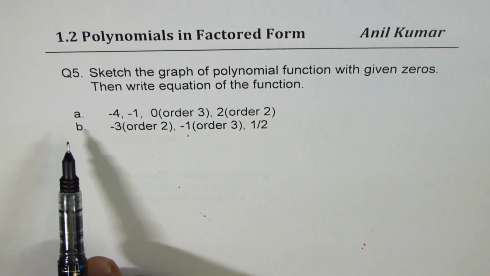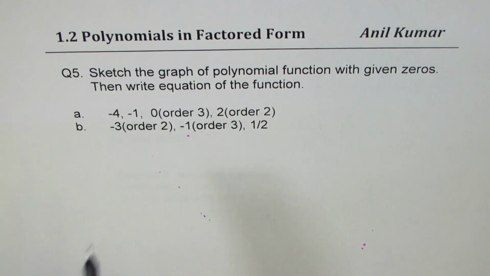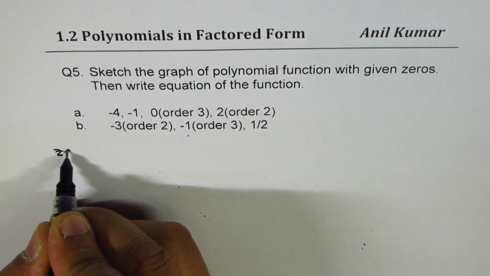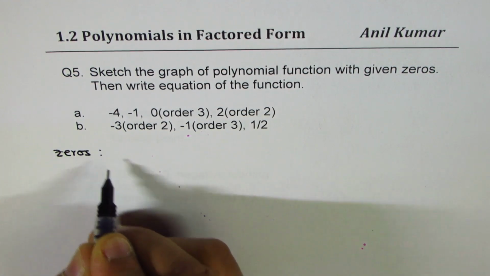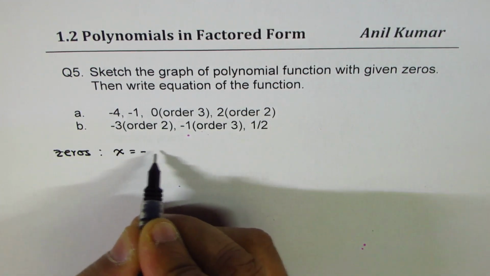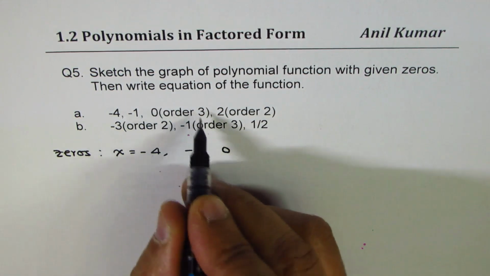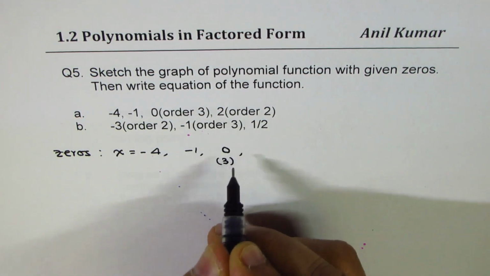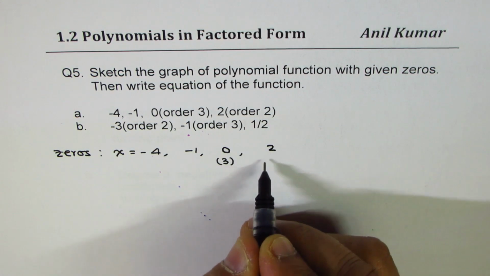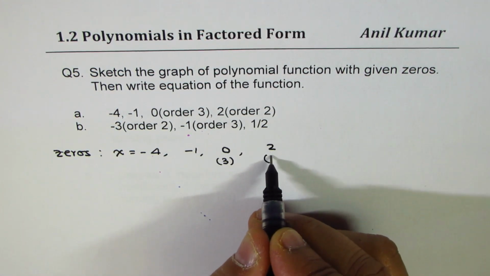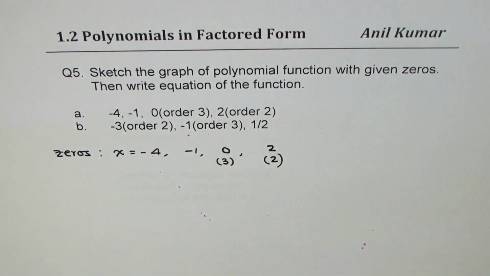A. So there are two parts to it, right? A, we are given the zeros. Let's write down. We are given the zeros at x equals -4, -1, 0. Now this 0 is of order 3 and then 2 of order 2, right? So these are the zeros.